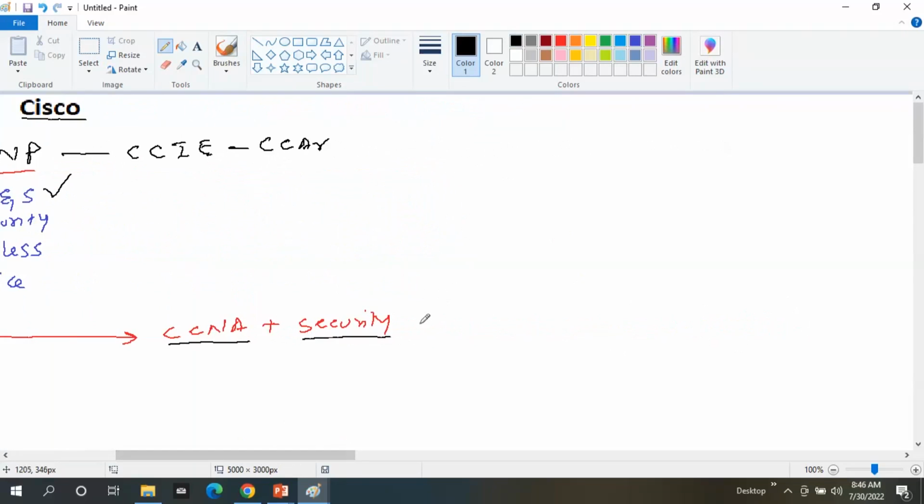This CCNA plus Cisco security training will be a 4-week course. In the first week, network fundamentals will be covered. In the second week, routing technologies and LAN technologies.